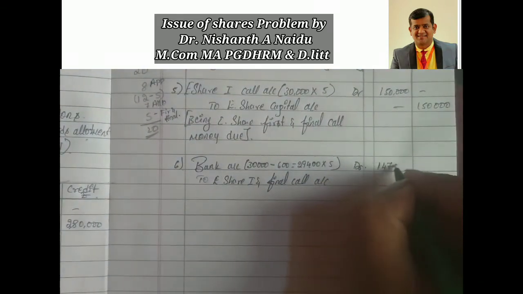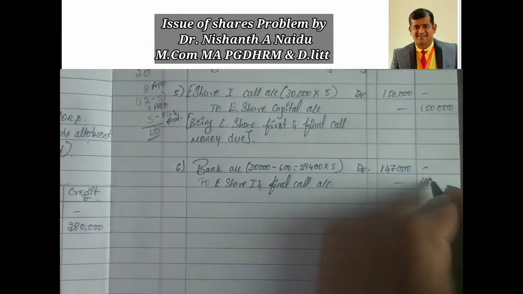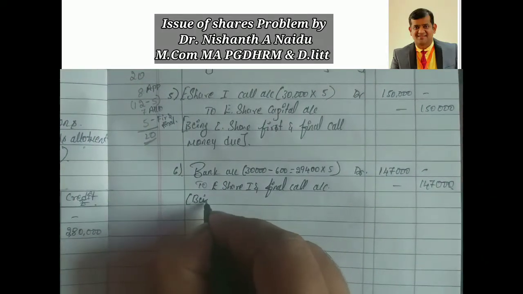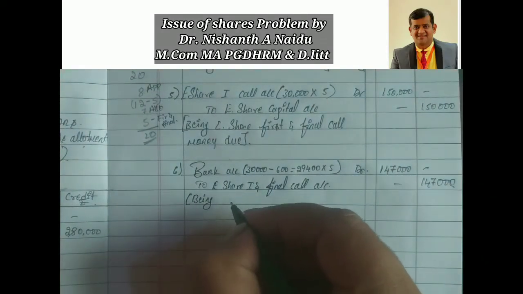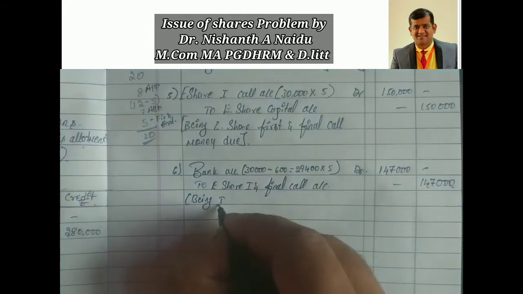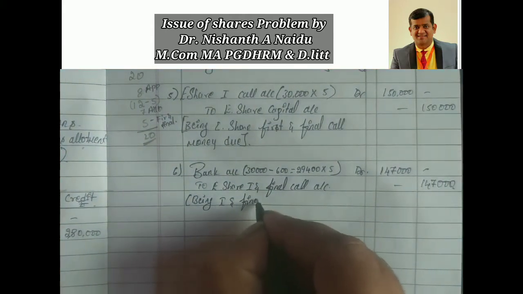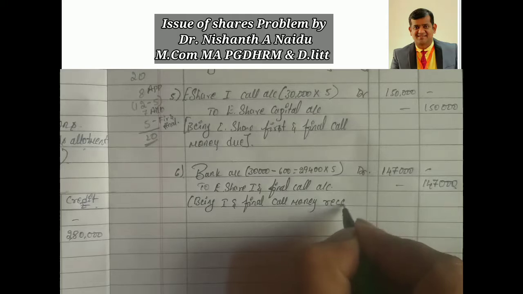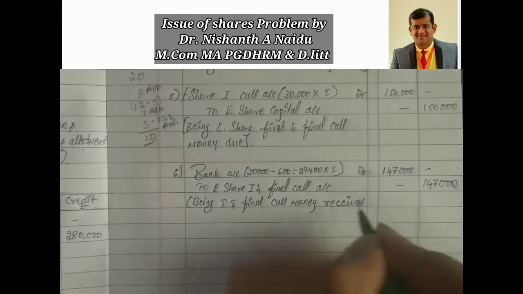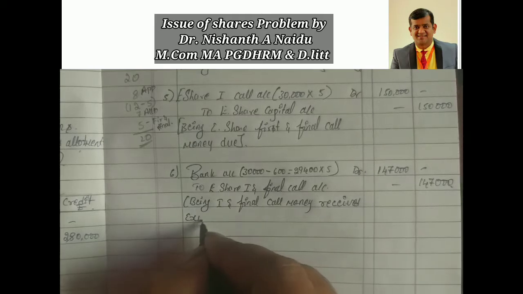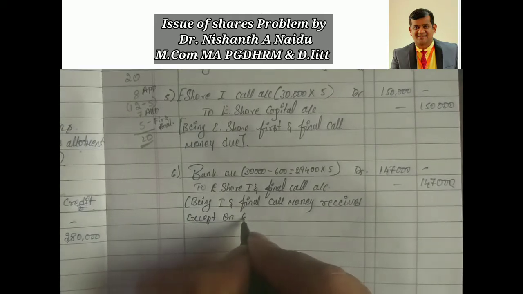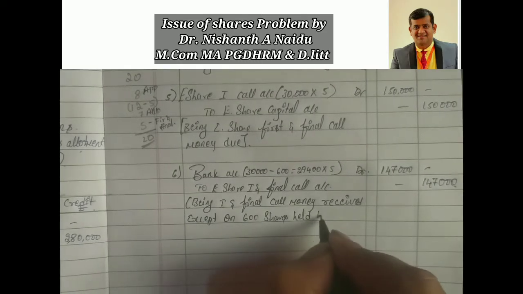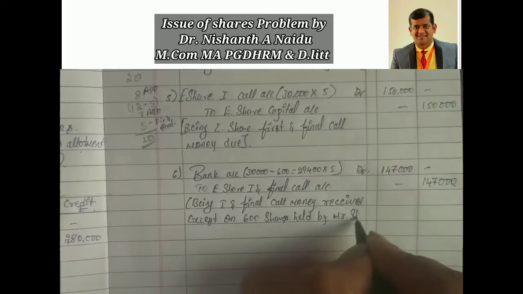So the narration for the same is: being first and final call money received, except on 600 shares held by Mr. Shankar.